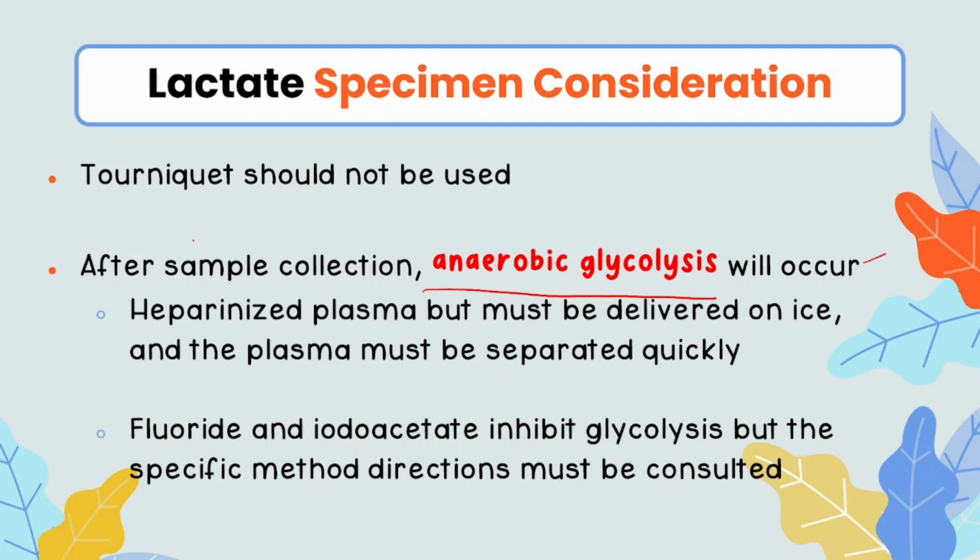Thus, make use of heparinized plasma, deliver it on ice, and separate the plasma quickly. Since glycolysis is ongoing, you would expect a change in your lactate the longer the sample sits and is not processed right away. Fluoride and iodoacetate inhibit glycolysis, but the specific method directions must also be consulted.